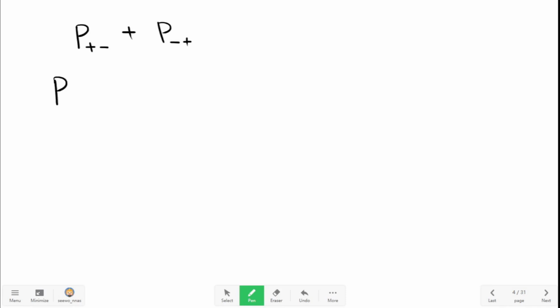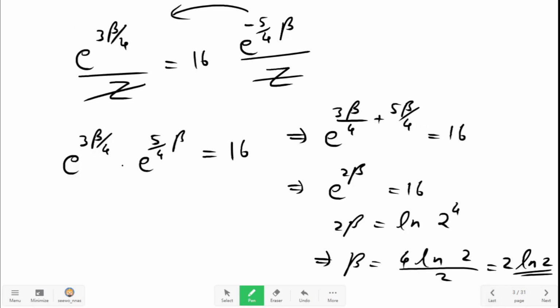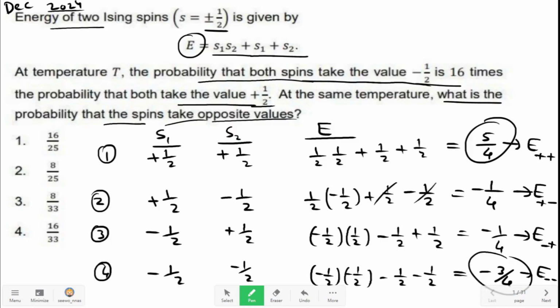Now P plus minus will be equal to P minus plus. Why is that? Because the Boltzmann factor e raised to minus beta E plus minus is equal to e raised to minus beta E minus plus. You can see here that E plus minus is minus 1 by 4, and E minus plus is minus 1 by 4.